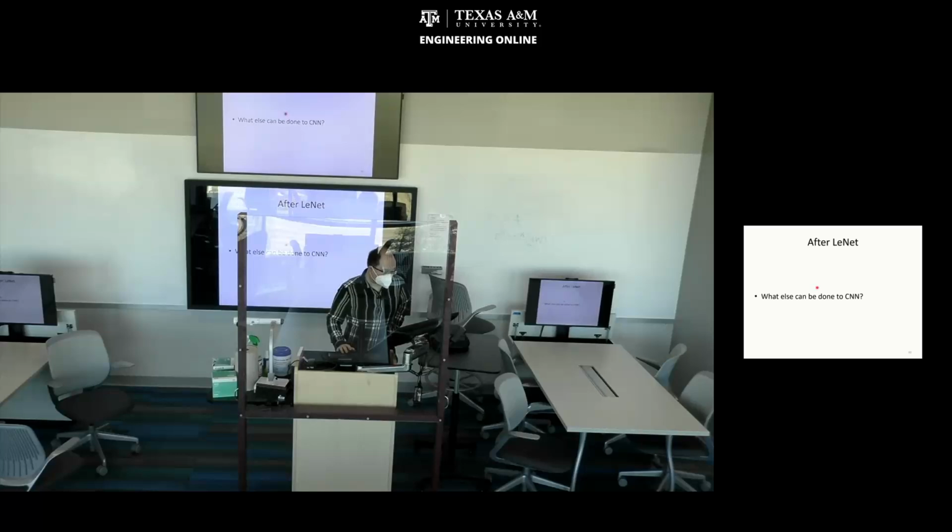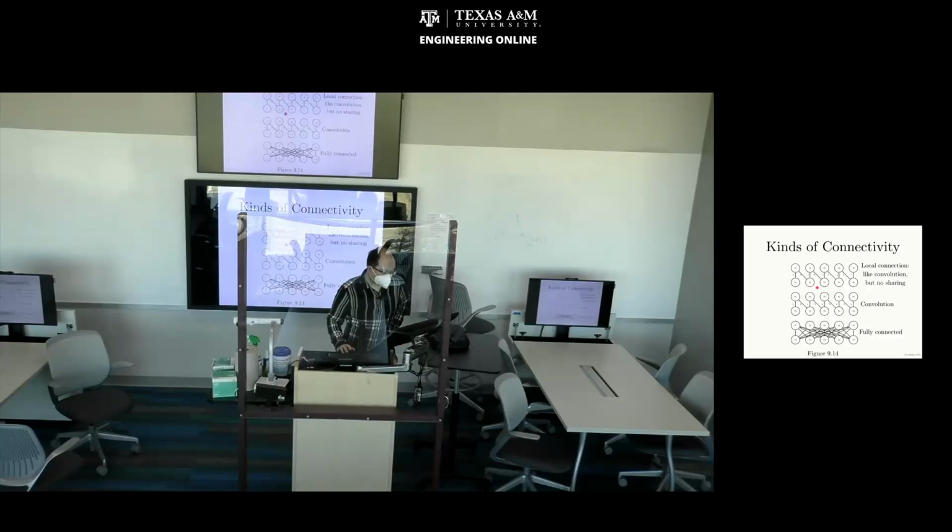Okay, so after LeNet, what else can be done? There are a lot of things that can be done, but I'm not able to introduce them in a lot of details, right? You could have local connection, but without sharing, right? Compared to the convolution, it's somewhere between the convolution and fully connected, right?